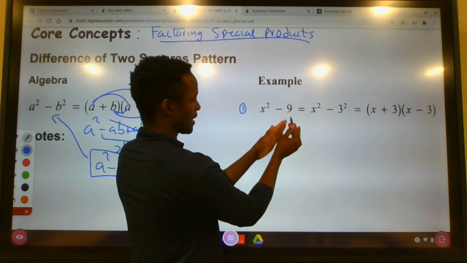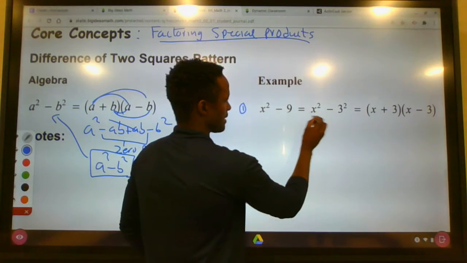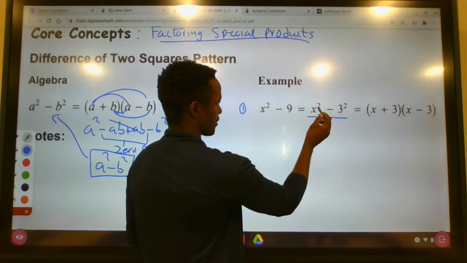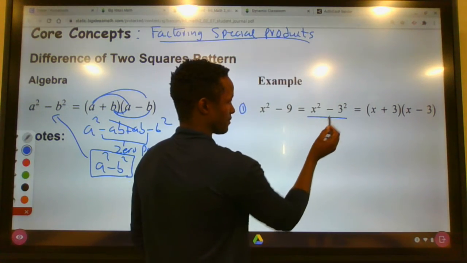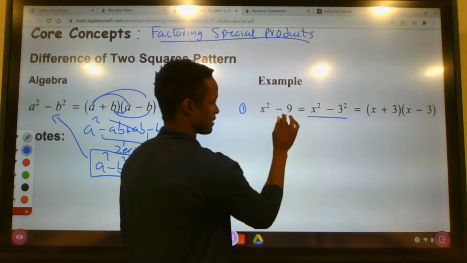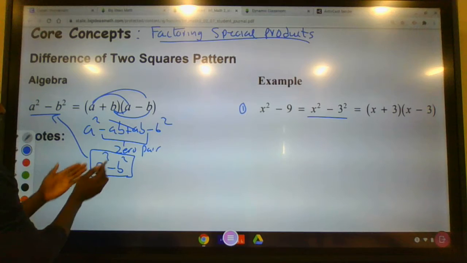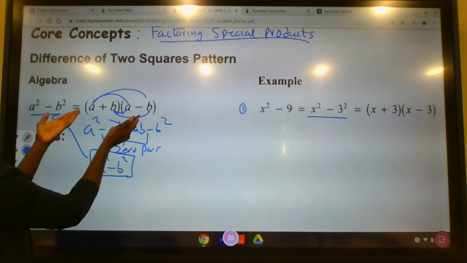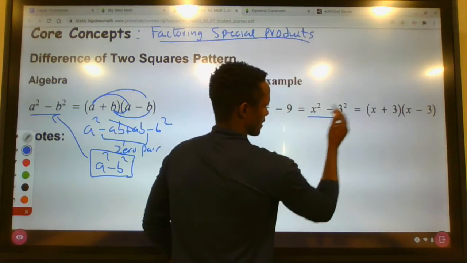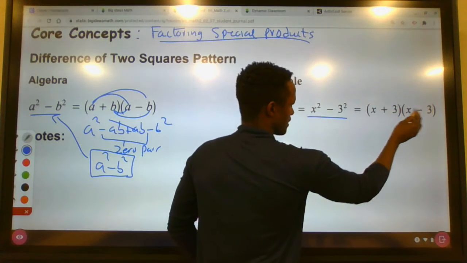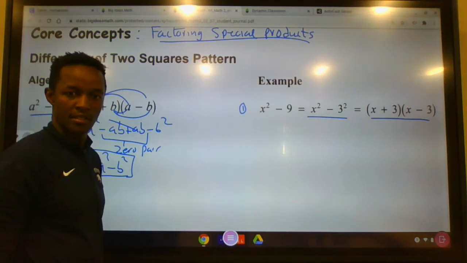In fact, we can rewrite 9 to show that it's a square term, so we end up with x squared minus 3 to the second power. This allows you to see that this is, in fact, in the perfect square form. Once that's the case, we can use the difference of two squares pattern to factor it, where we take the x here and the x over there, 3 here, and we're going to add and subtract in all of them, and then you're done.